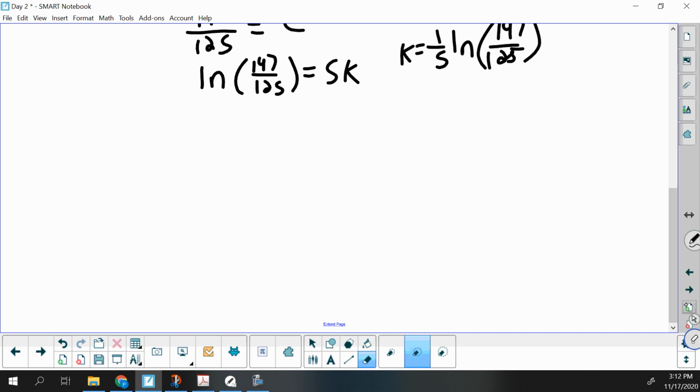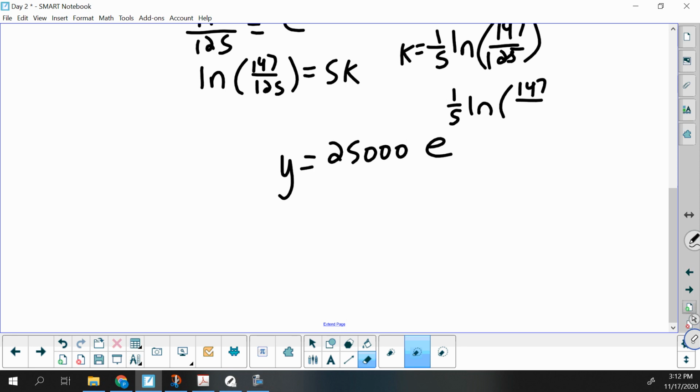So our final equation then is we've got the 25,000 e, and then we have k times t. Well, we just found k was 1/5 natural log 147 over 125, and then t. Now, you won't have to restrict your domain for this because we got an exponential here.